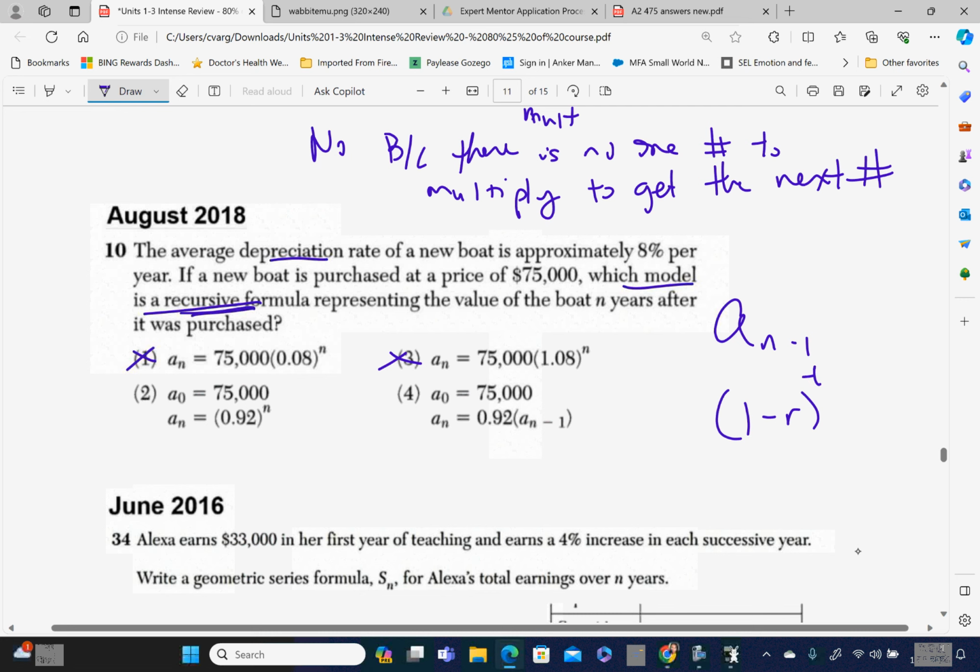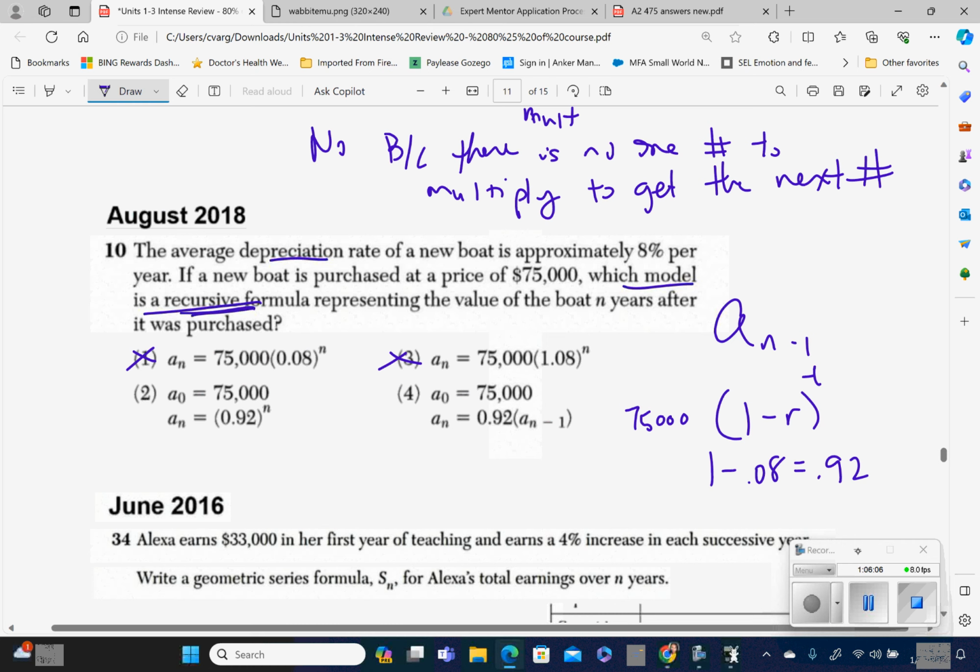This is going to be t, and then our first number, they're telling us, is 75,000. So to find the next number, we're taking our previous number. So this is going to be 1 minus 8%, right? 1 minus 0.08 is equal to 0.92. That's where they're getting that from.